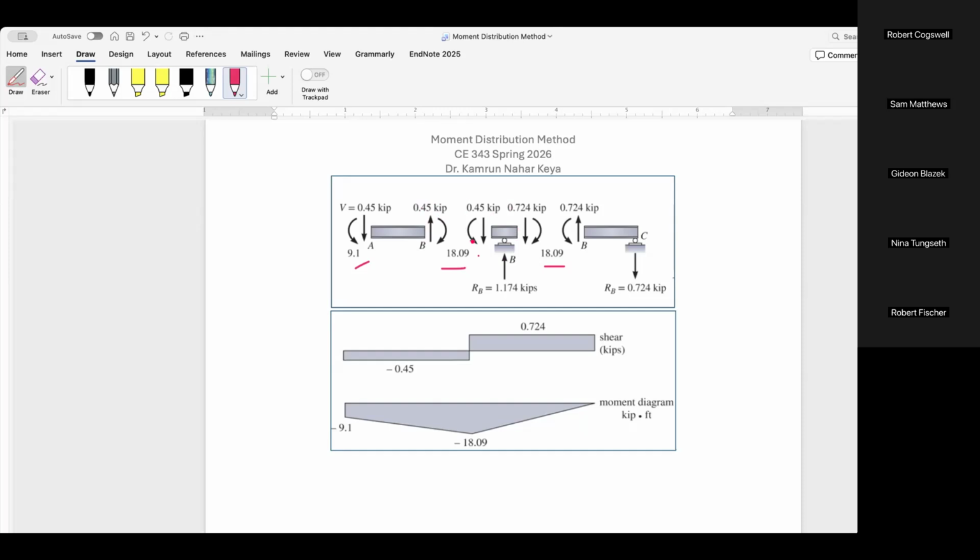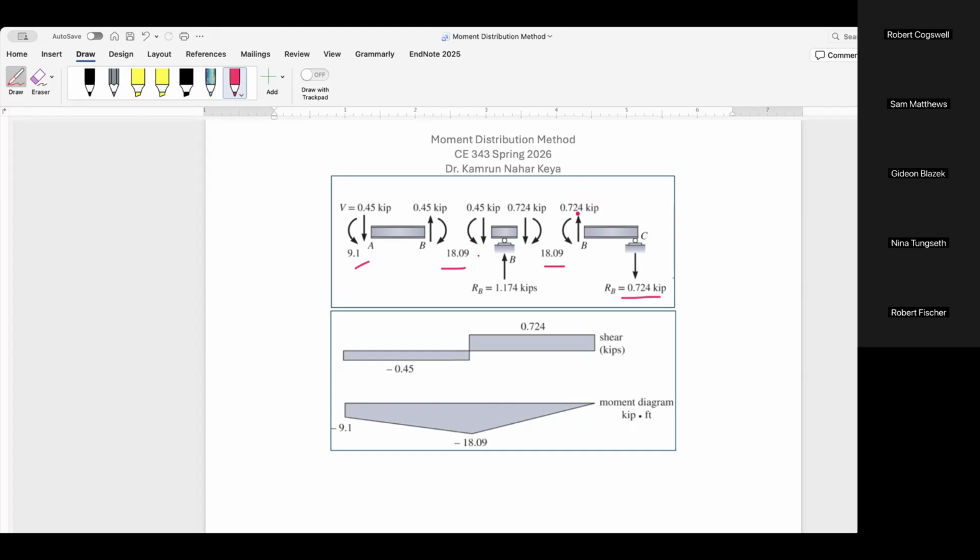So if it's 0.45 here, okay, that's good. And now for this one, we will start from here for the BC part. Here we can take a moment, and moment divided by distance, you will get this one. If you get RB here downward, for this one it will be upward.